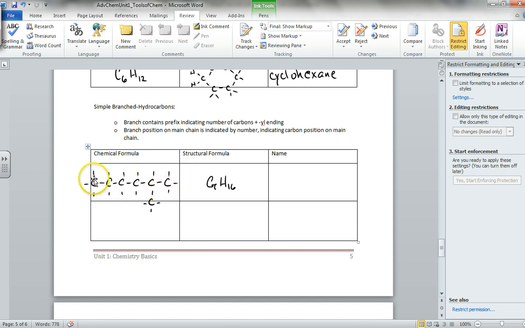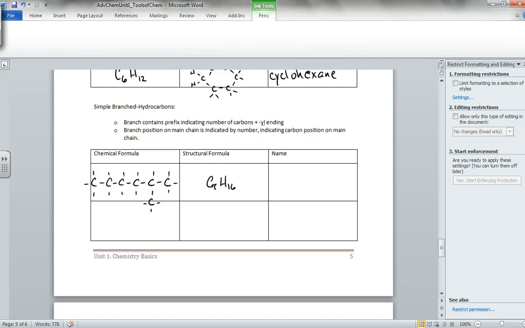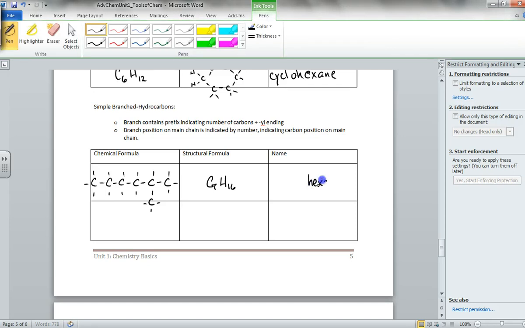So the straight chain is 6 in a row, so that makes this a hexane. But we have to indicate that there's a branch off of it. And this branch contains 1 carbon. So 1 has the prefix meth. And being a branch, we are going to say that this is a methyl. This is a methyl branch.